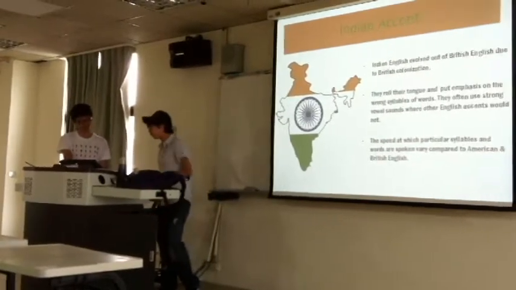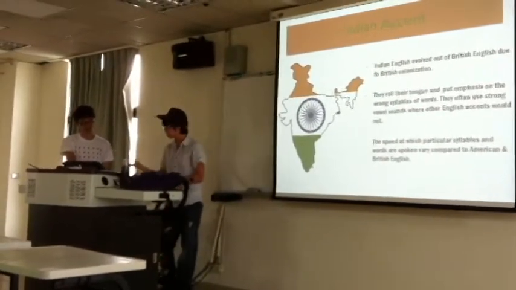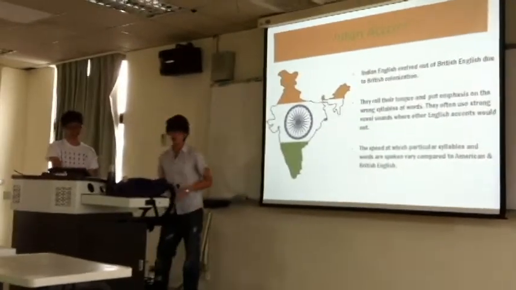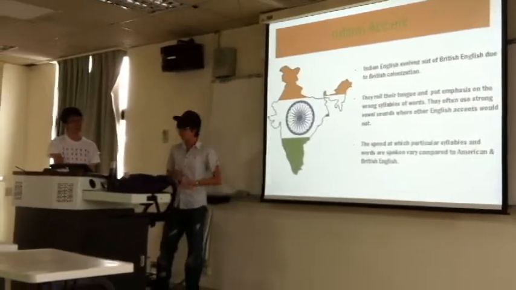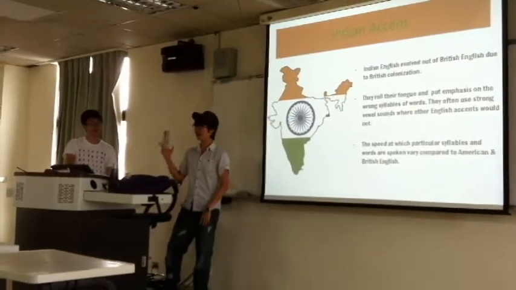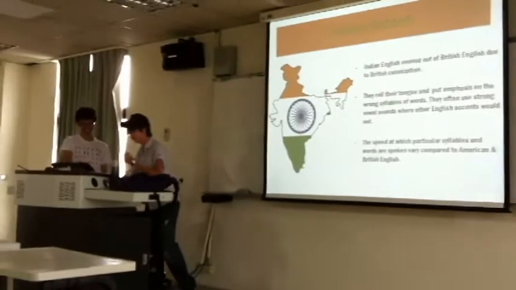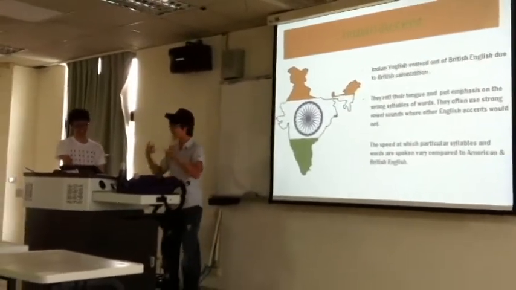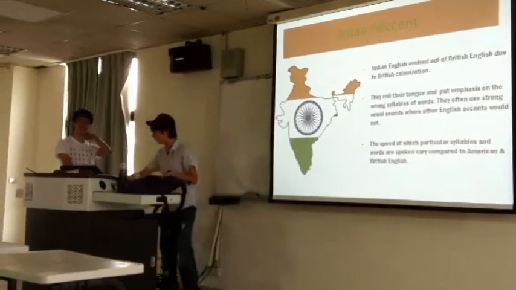They roll your tongue and put emphasis on the wrong syllables of the word. They use strong vowel sounds when other English accents would not. What do I mean by this? When people say hello, Indians don't go like, hello. They go like, hello! And there's this weird motion and that shake. I'm not doing it on purpose. I mean, they do it in real life.